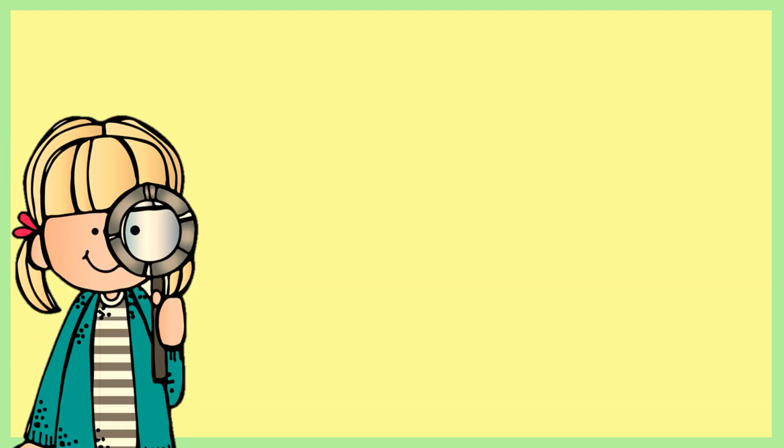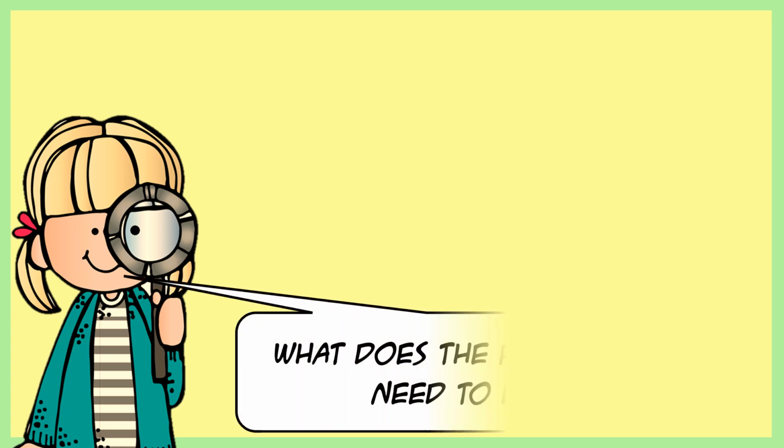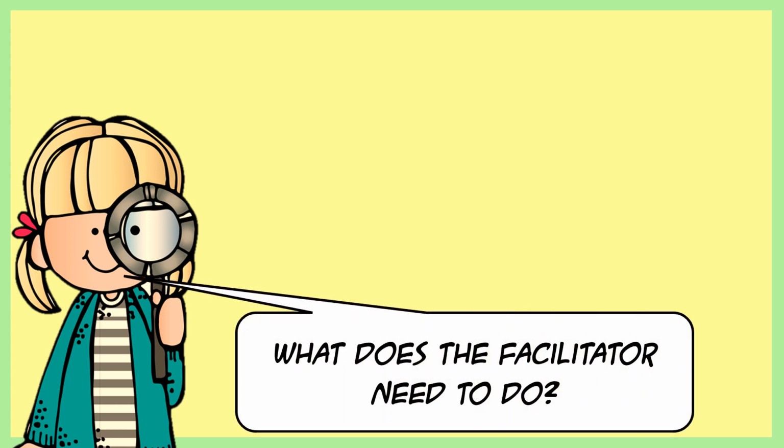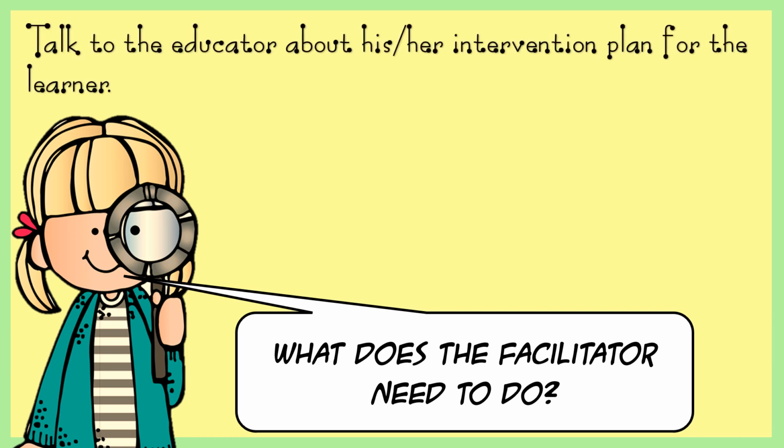We've looked at the characteristics of a good facilitator. We've looked at how we should respond rather than react, and that we need to get to know our learner. But as a facilitator, what do we need to do? We need to remember that we are in someone else's class. And so we need to talk to the educator about his or her intervention plan for the learner.